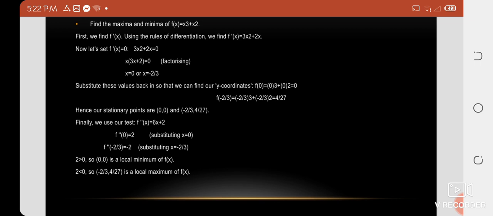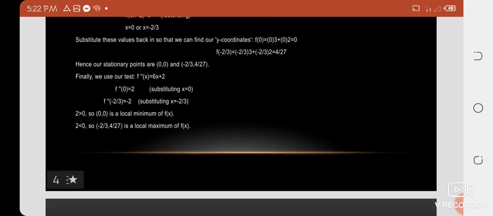So, f''(-2/3) is equal to negative 2, substituting x equals negative 2/3. So, 2 is greater than 0, so (0, 0) is a local minimum of f(x). Negative 2 is less than 0, so (-2/3, 4/27) is a local maximum of f(x).